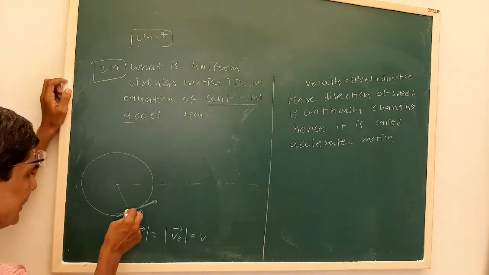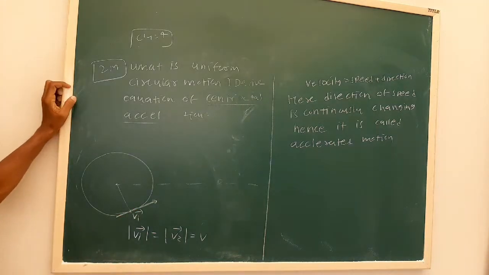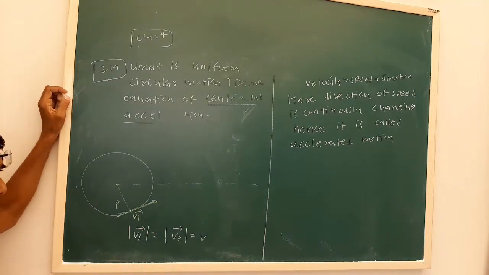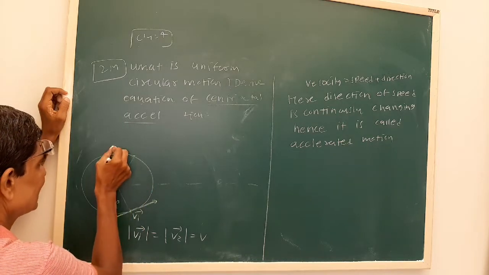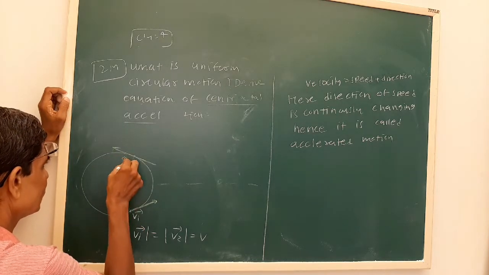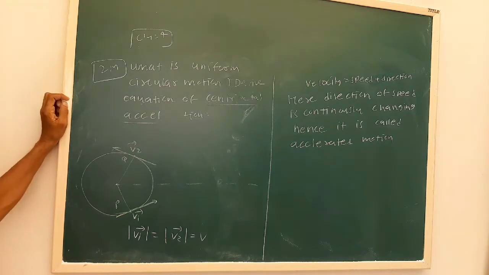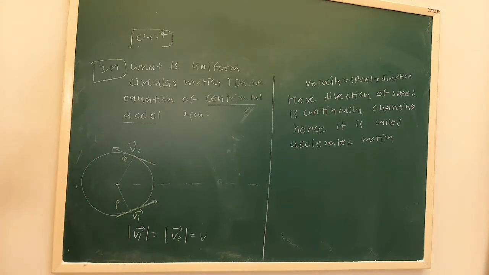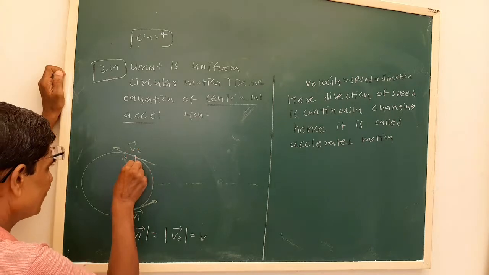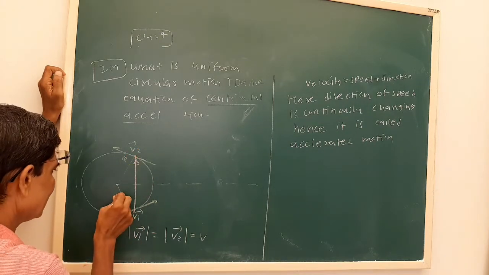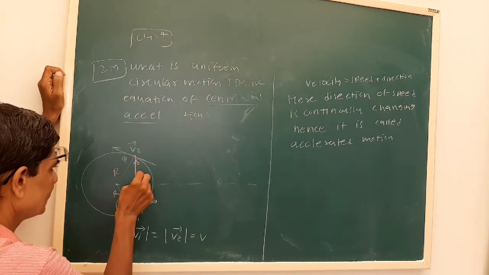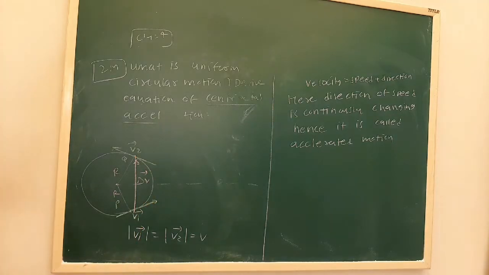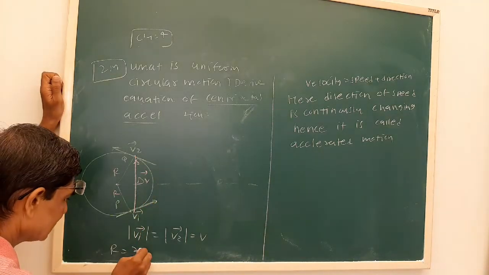Now let us say at any instant, time t, the position is P. After some time, let us say it is at Q. But as I told, the magnitude of the speed is the same. Now see, the change in position is delta r. It is a displacement vector. Here r is the radius of the circular path, delta r is the change in position. So r is the radius.